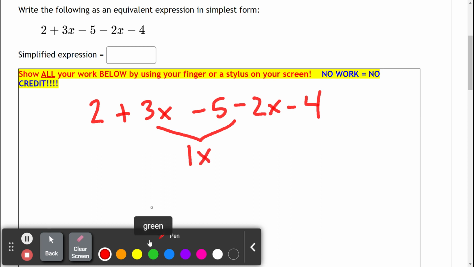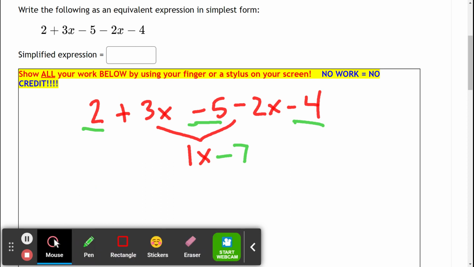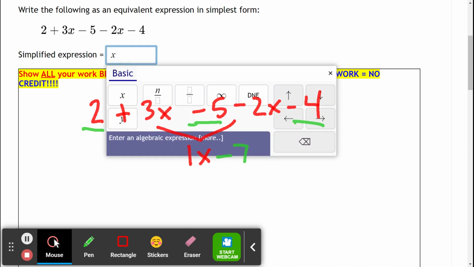Then 2 minus 5 is negative 3, and negative 3 minus 4 is negative 7. So when you put all of those together, you get x minus 7. I'll just put x, because 1x is the same thing as x.